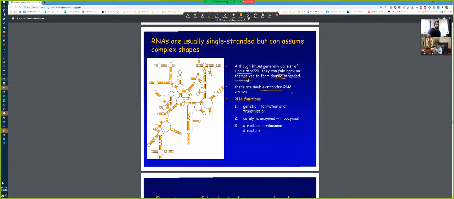And then there's also double-stranded RNA viruses. RNAs in the strand fold back to form double-stranded.